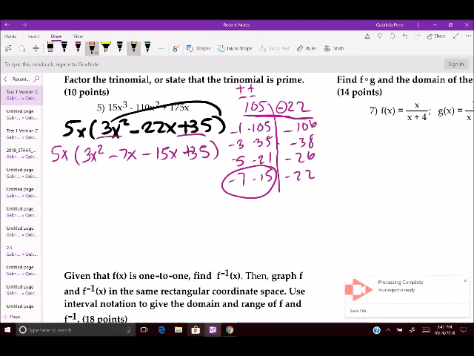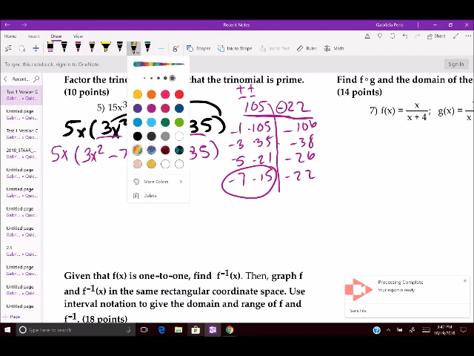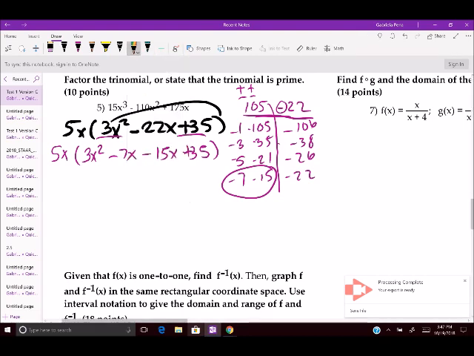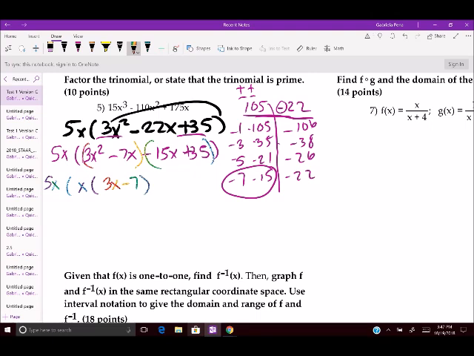Now we're going to be doing grouping. To do the grouping, please understand that we're going to group the first two and then the second two. So this is still a 5x. What do the first two have in common? Just an x. So this becomes 3x minus 7. The second two are divisible by a negative 5.